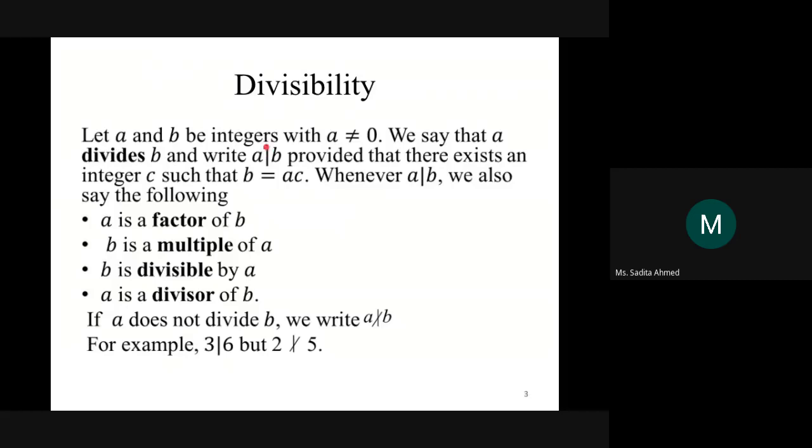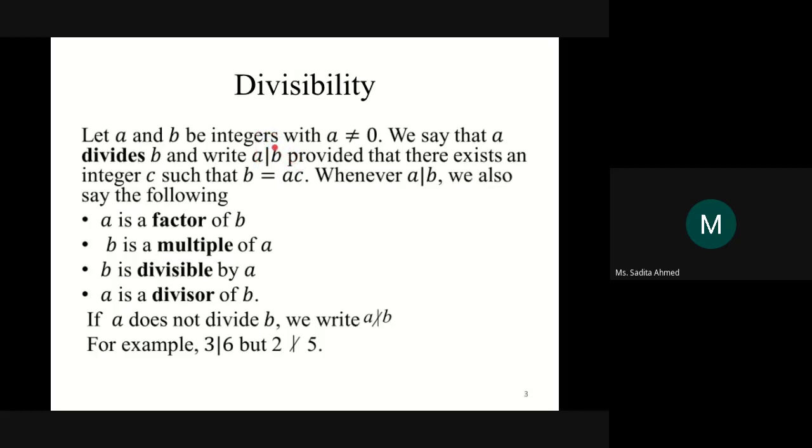So when we use this symbol, this vertical partition, what it means is that the integer on the left-hand side divides the integer on the right-hand side such that the result is also an integer, and obviously a will never be equal to 0. Since that is a divisor, it will never be equal to 0. That is what it means to say that a divides b and to use this specific symbol. The left-hand side divides the right-hand side such that the result is an integer.